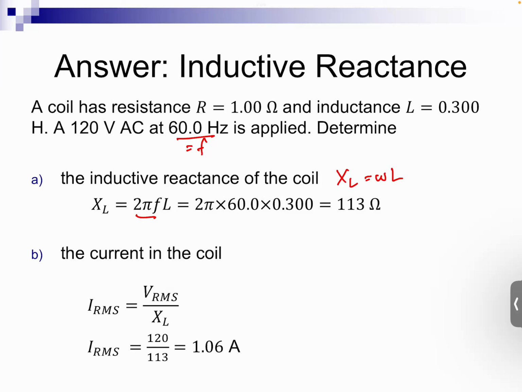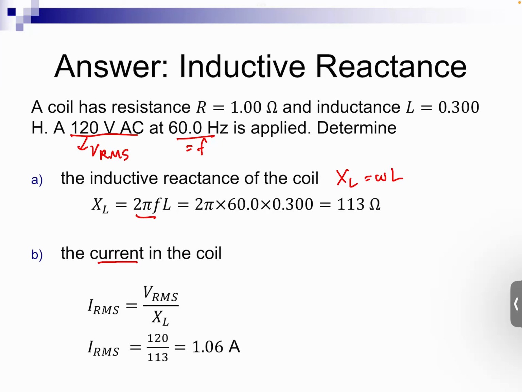Right, and once you know the inductive reactance XL, you can always use the Ohm's law counterpart for the AC circuits, V is equal to I XL, to find the RMS current in the coil. We know we can find RMS current because, as I mentioned, when we say the voltage source is 120 volts AC, it's implied that this is V RMS because it's what we can measure using a multimeter.